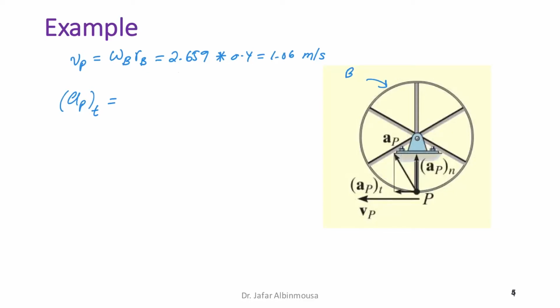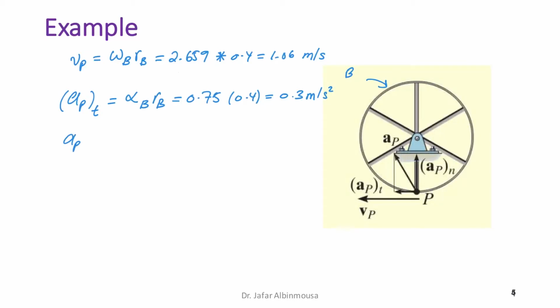Now, a_P, the tangential component, is equal to alpha B R_B, which is equal to 0.75 radians per second squared multiplied by 0.4. This is going to give you 0.3 meters per second square.